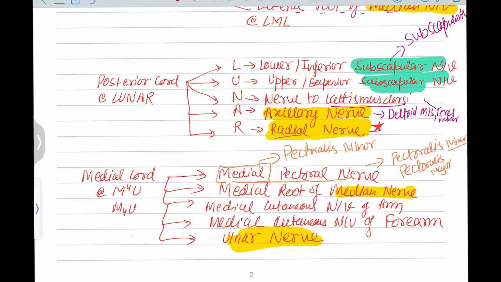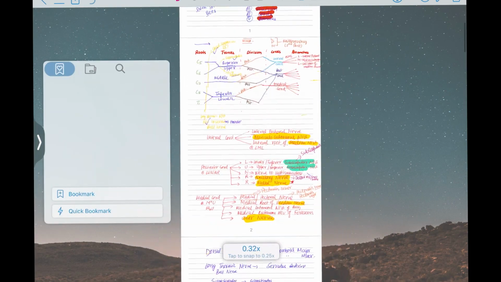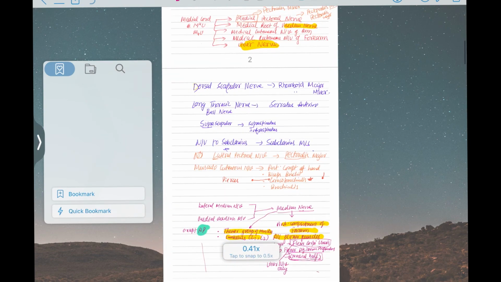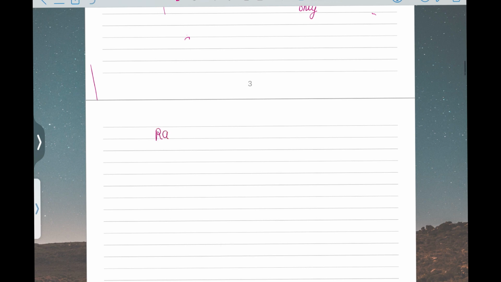The radial nerve, this nerve here, have I told you earlier or not? The radial nerve is going to supply the posterior compartment of your hand. Sorry, let me write it in sequence.